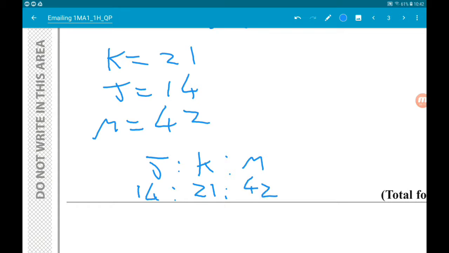Now they haven't asked for it in its simplest form, so that should be fine, but there is a common factor of 7, so we could also write this as 2, 3, 6.